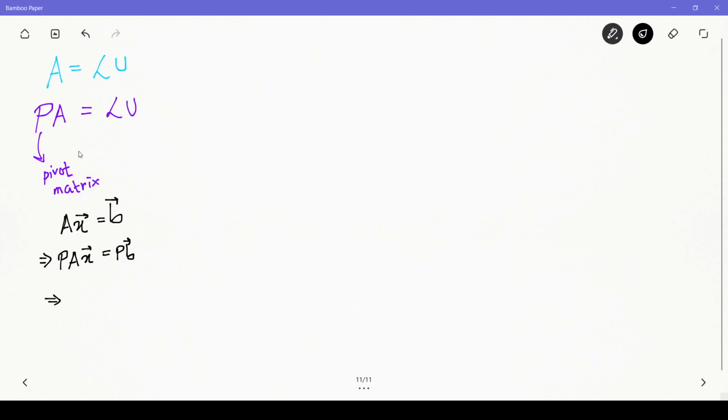So we can replace PA with LU over here, right? So LU times the x vector equals P times the b vector, right?